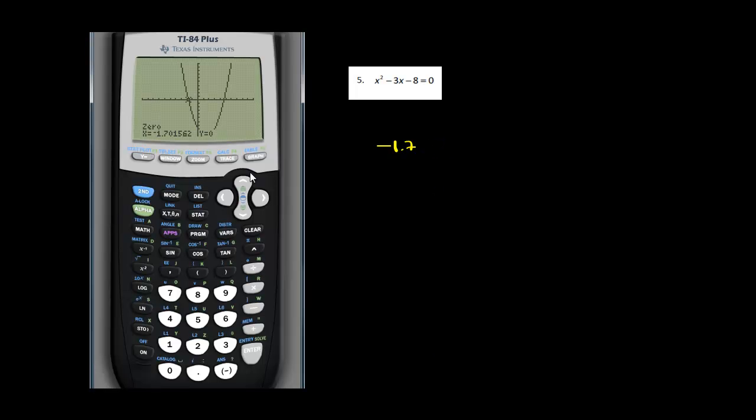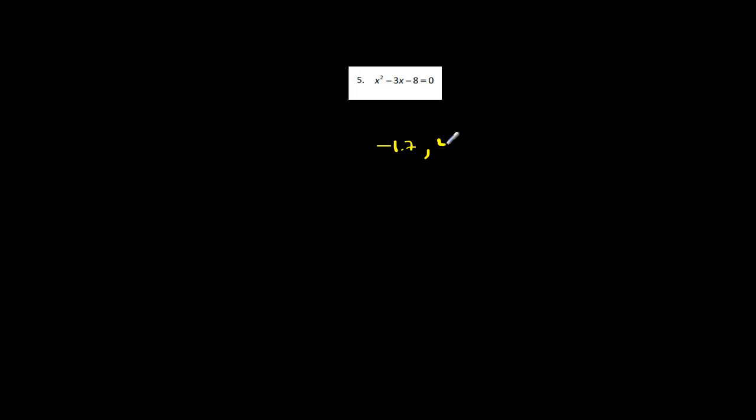Guess, so negative 1.7 is good for here. So negative 1.7. And then let's look at the other one. Second, trace 2. Left bound is going to be right under it, then right above it, and then guess. 4.7 is your other answer. So those are your approximate solutions.